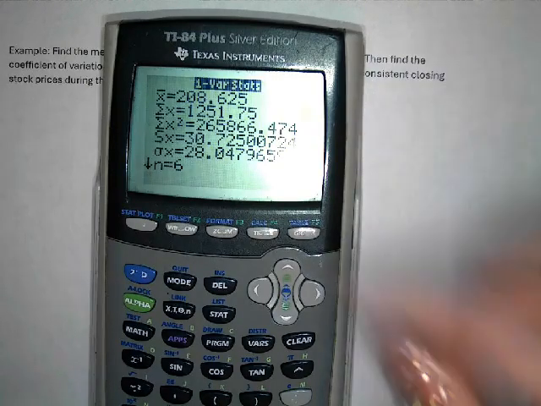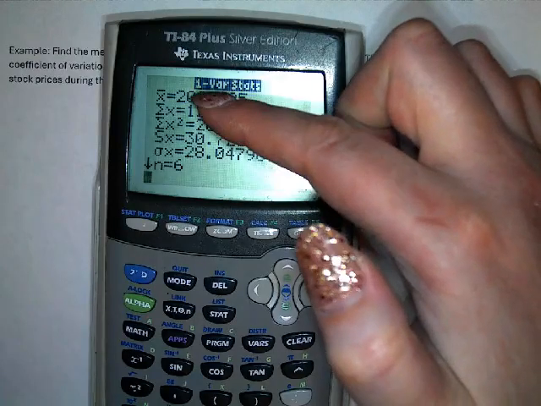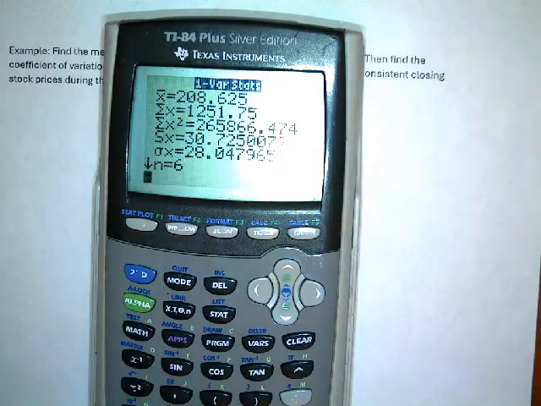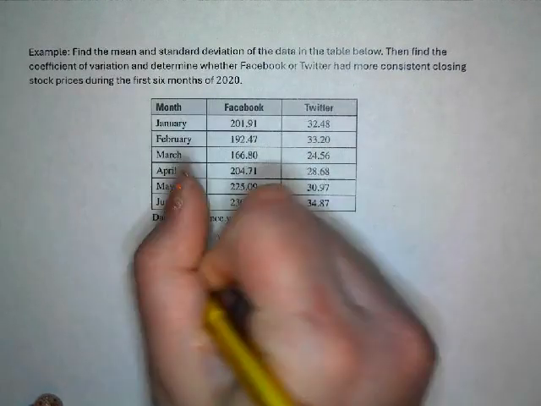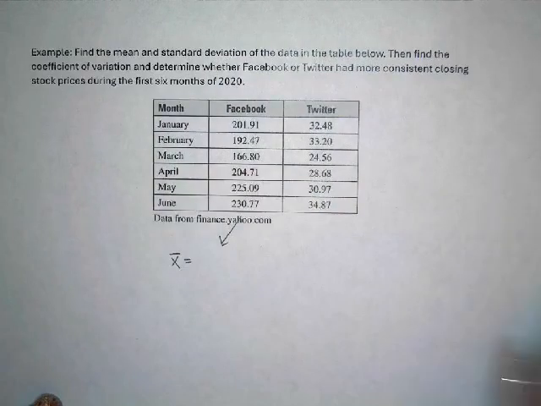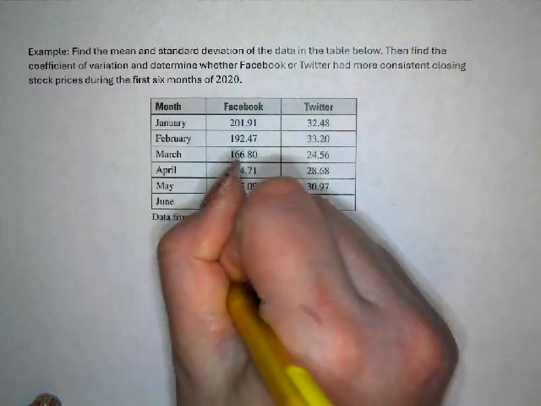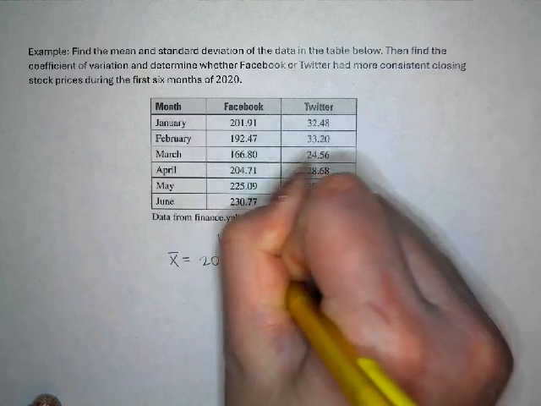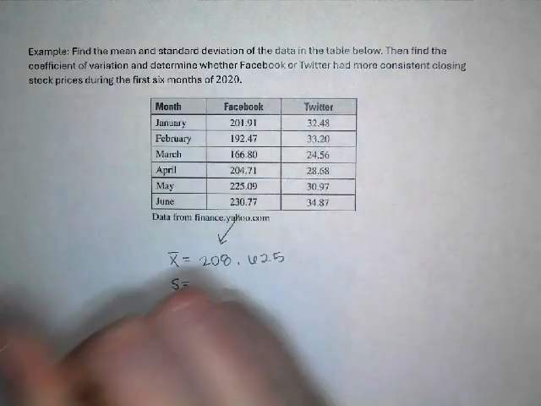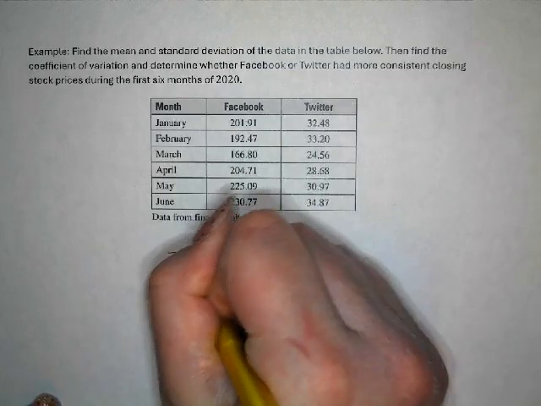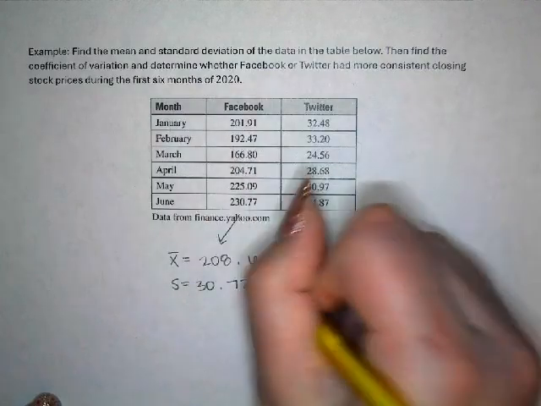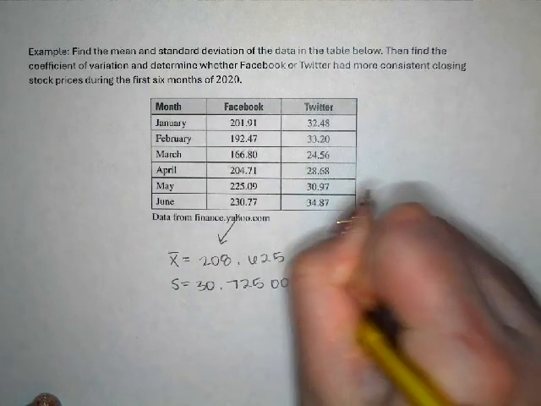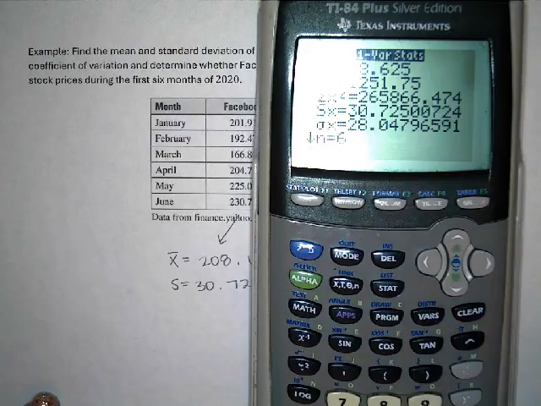So I have X bar is 208.625, and S is 30.72500724. Then my coefficient of variation is just the standard deviation divided by the mean.